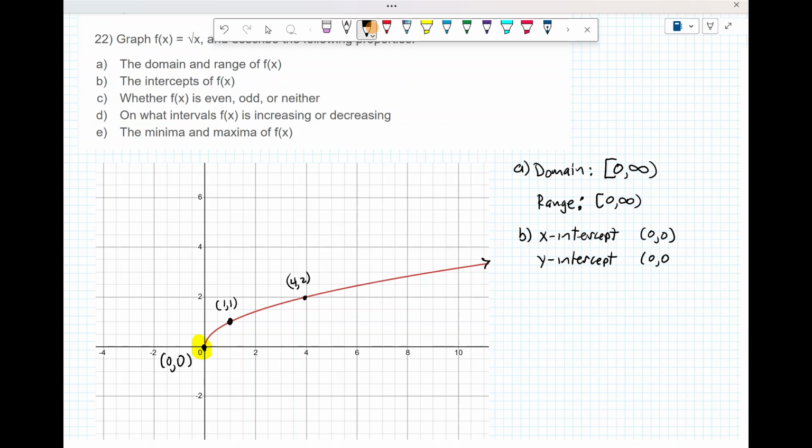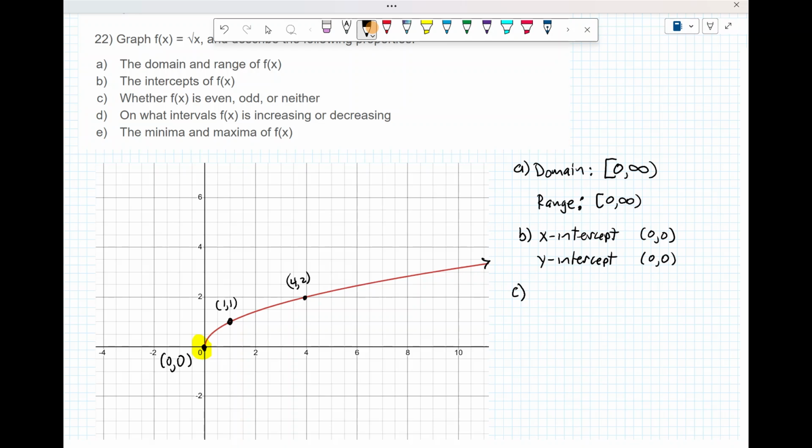By the way, you could also say the x-intercept is 0 and the y-intercept is 0 in this case. What I'm saying is the x-intercept and the y-intercept could be expressed as points or just the value. Like, for example, the x-intercept would be the x value of that point. So you could say the x-intercept is 0.